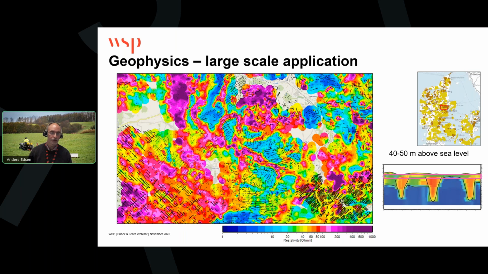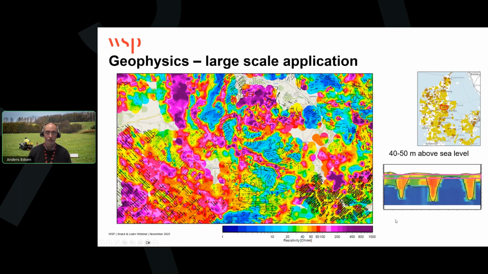Again, the SkyTEM data comes with a very dense coverage, whereas the ground-based ones have a larger separation in those areas. The Danish geology in this area is depicted by the sketch on the right-hand side.